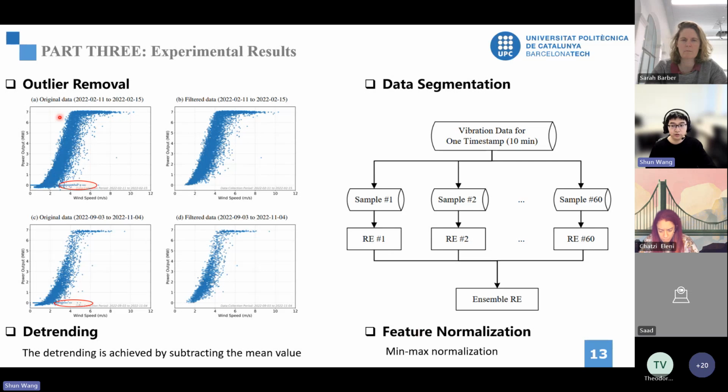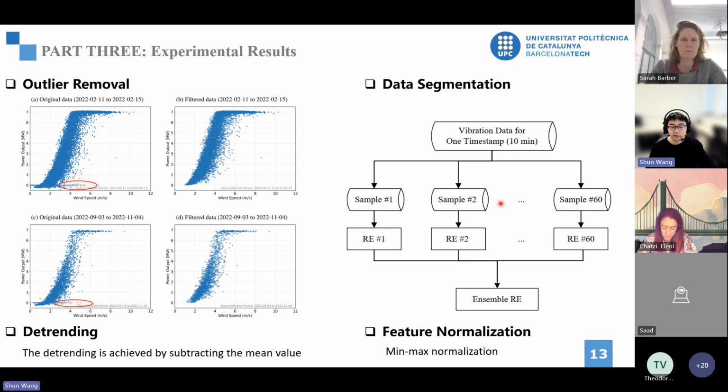Before training the model, we also take 4 steps to prepare our data. First, we filter out the data when power output is 0 or negative to remove outliers. Second, we divide each 10 minute timestamp into 60 samples.